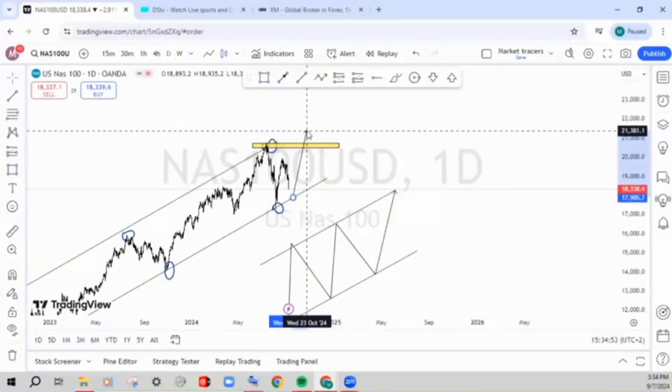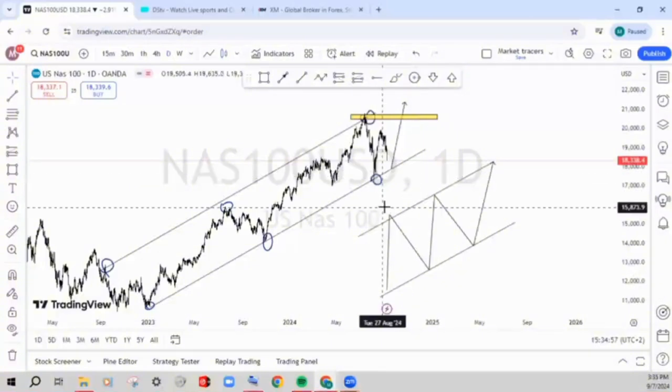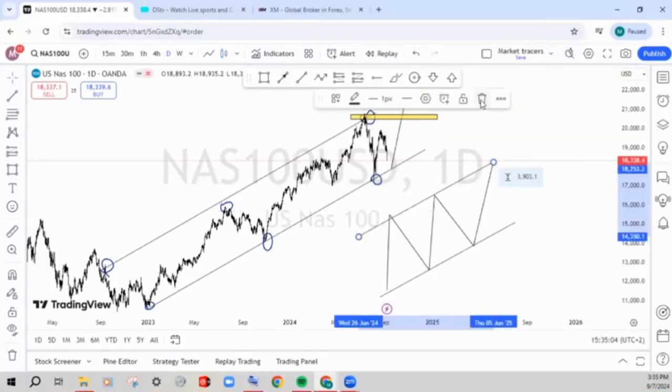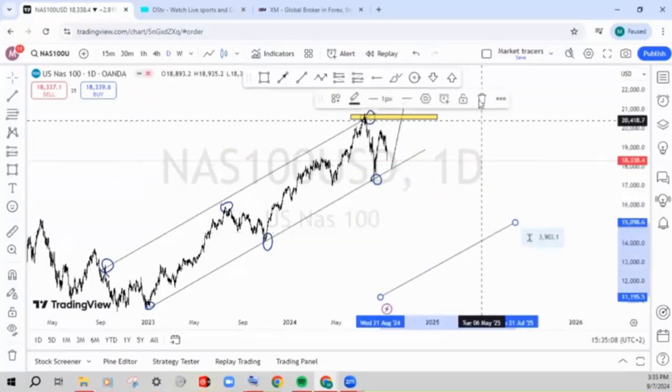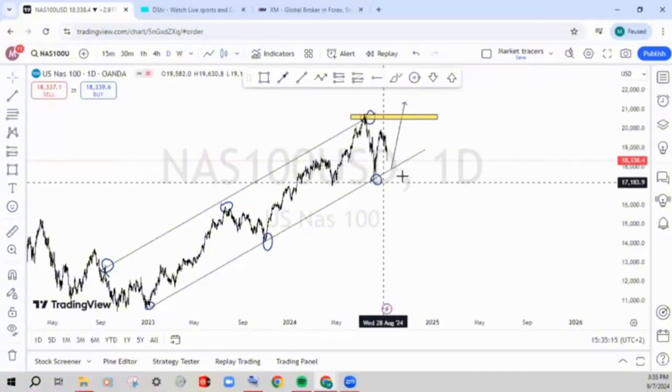So after this, what do we expect? We expect the market to give us at least a high which is higher than the previous one, since we are in a buying market, guys.